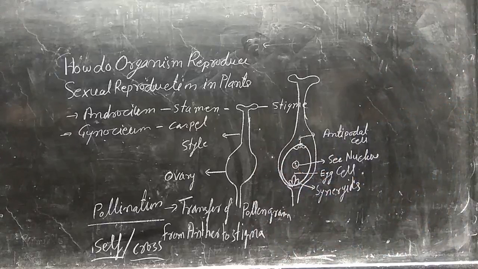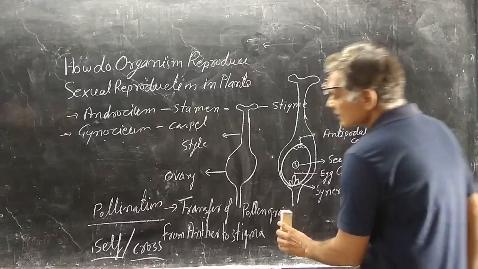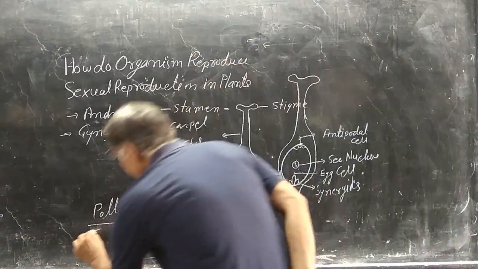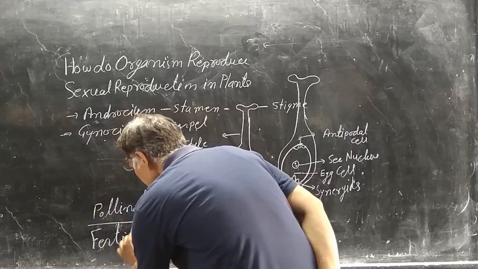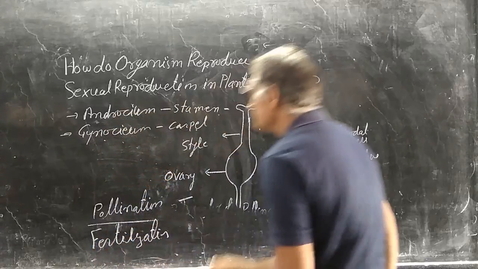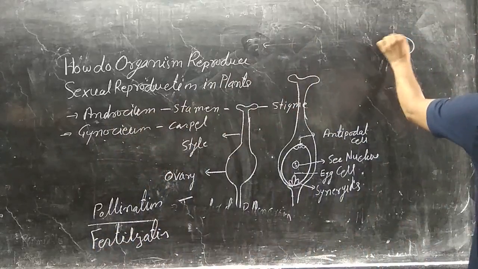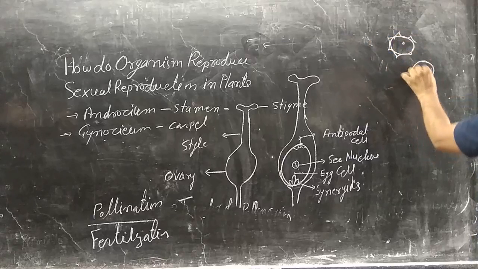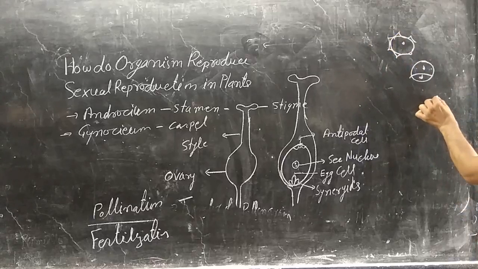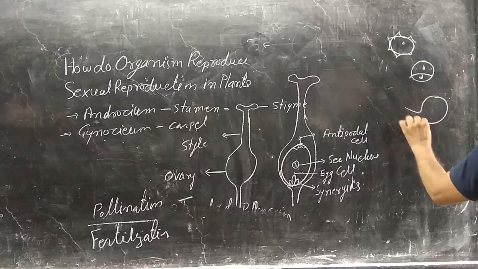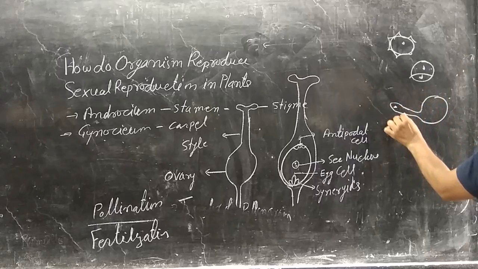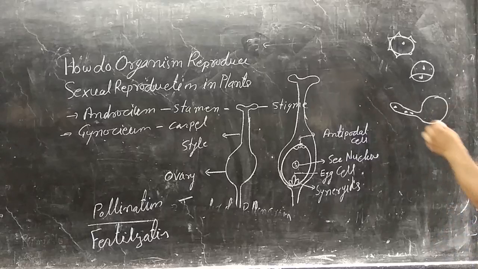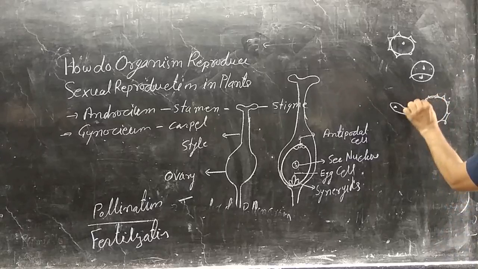After pollination, the next process is known as fertilization. We see that this single pollen grain initially divides by mitosis to form 2 cells. After pollination it germinates to form the pollen tube.